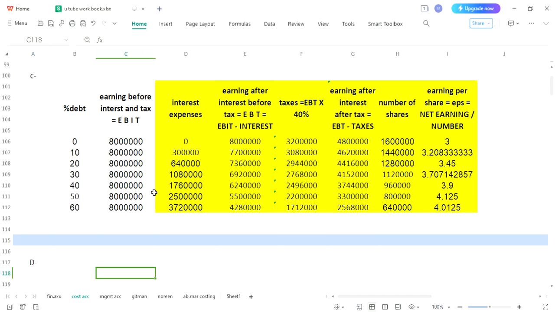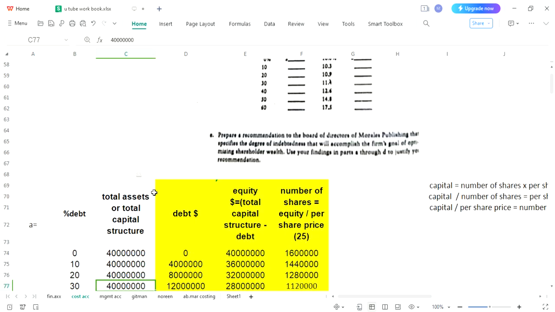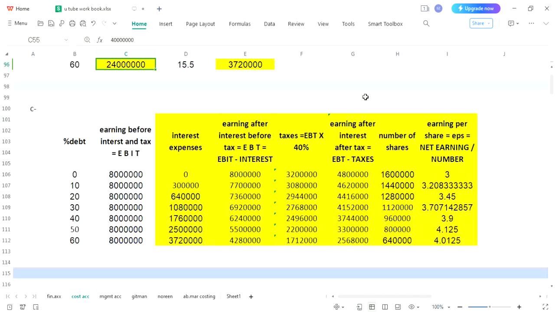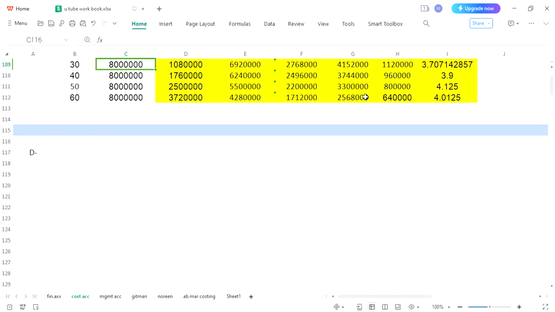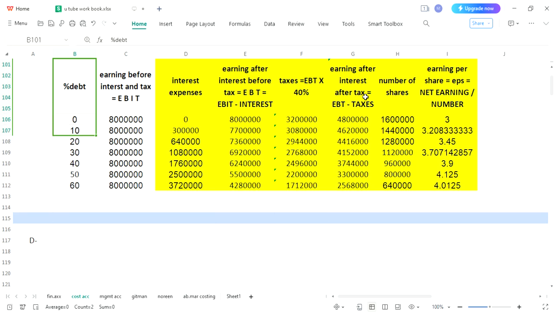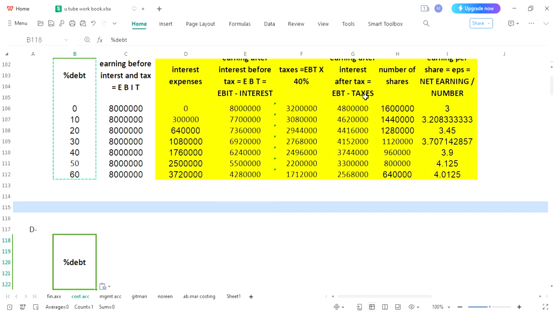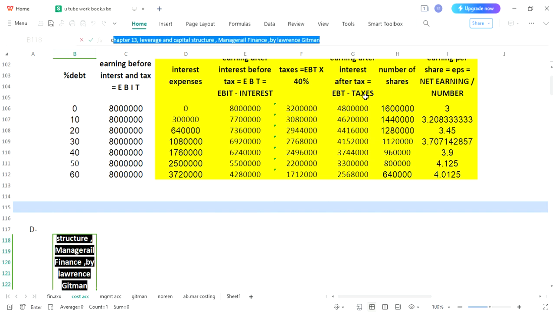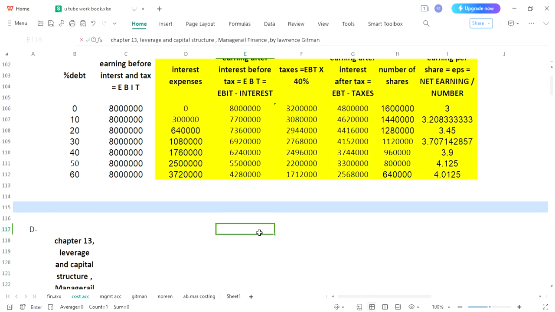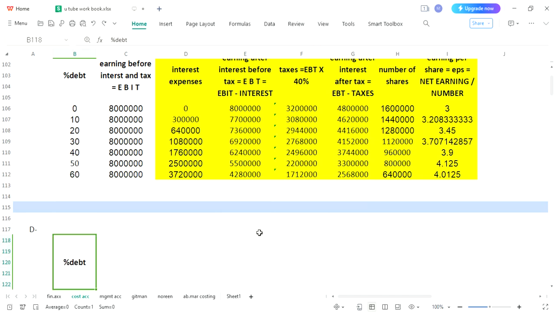The D part contains four columns, 1, 2, 3, 4. The first column is debt percentage, and you can take this heading from the previous part. This is debt percentage, and the same percentage would be used for the D part as mentioned in the question.